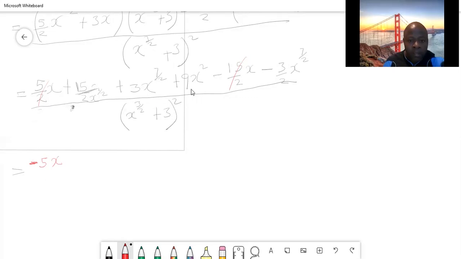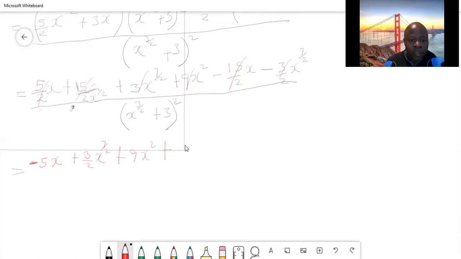So this is 6 minus 3, which is 3 over 2 x raised to 7 over 2. Then plus 9x raised to 2.